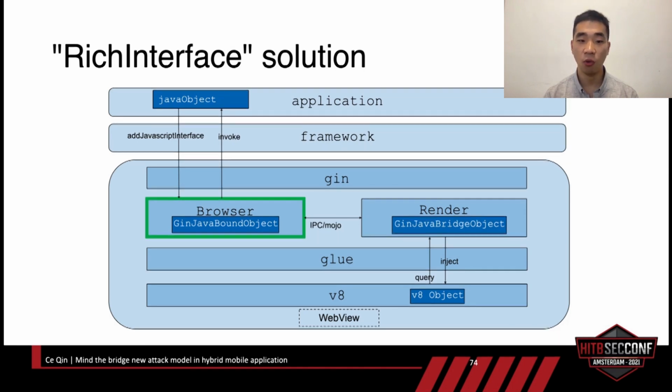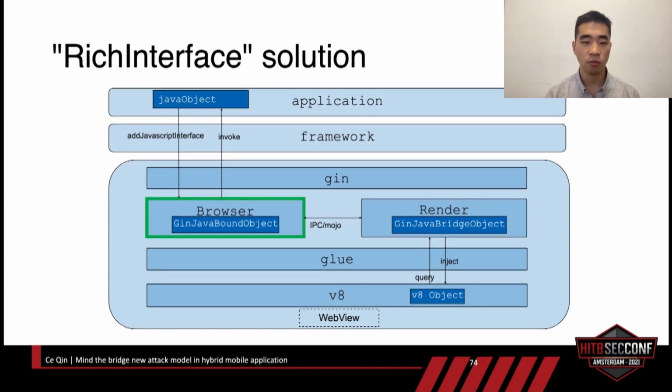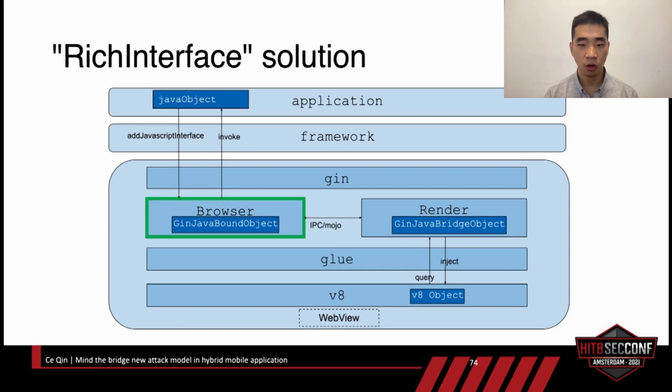Let's recall how JavascriptInterface works. A V8 object in the JS engine, a GenJava bridge object in the renderer, a GenJava bound object in the browser, and finally, the Java object. We noticed that in the browser model, we can clearly know where this invocation comes from. But this important information is lost during the JNI call.